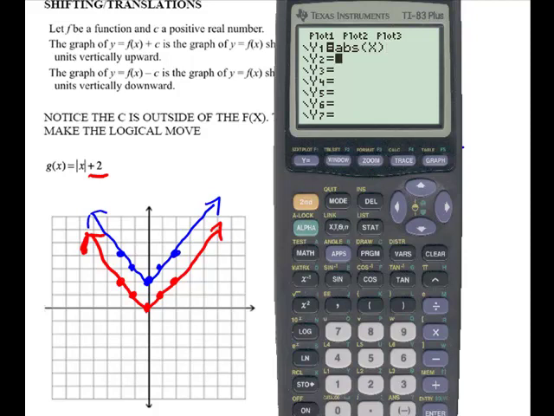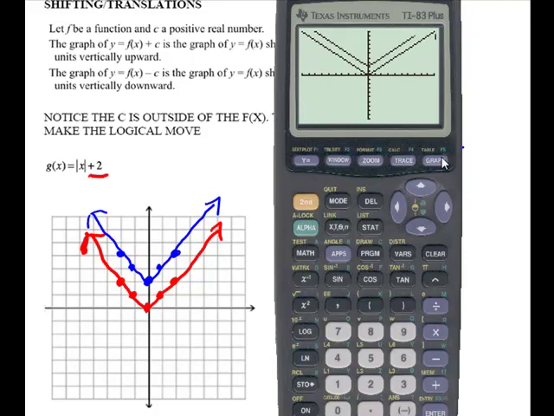And on the same grid, we're going to do absolute, so math menu, go across under number, the first one, absolute, x, close your parentheses, and then we're going to add 2. It's going to draw both of those, and it will draw the one we have second last. So there's our first one, and there's the second one, and you can see it's shifted up.